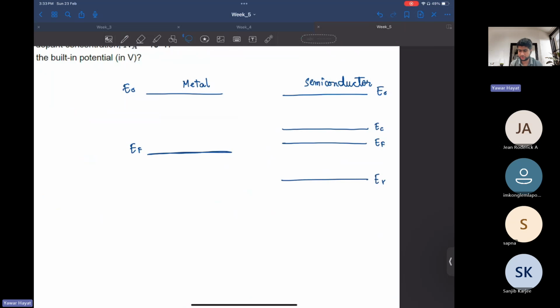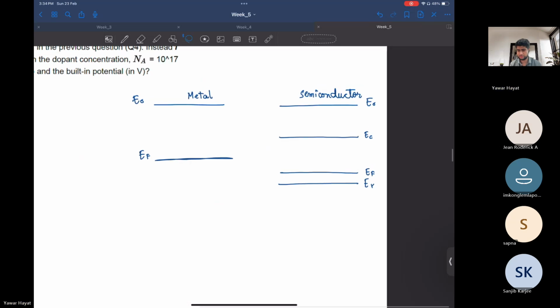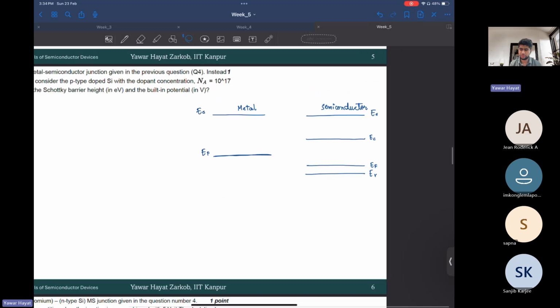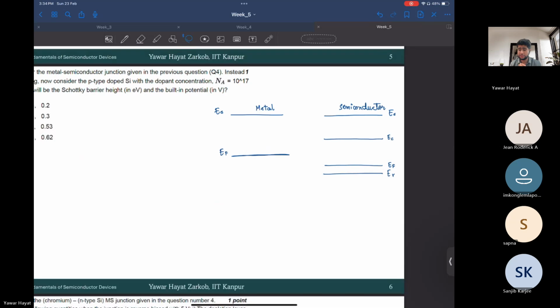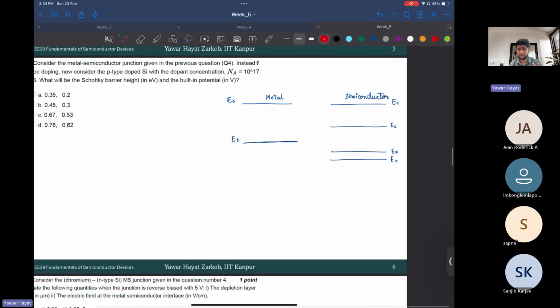If it's P-type, then this Fermi level would be near the valence band. So now, if you make the equilibrium band diagram, it would look something like this. You need to align the Fermi level first, and while aligning that, you'll move it a little upward. So all the bands will move upward.